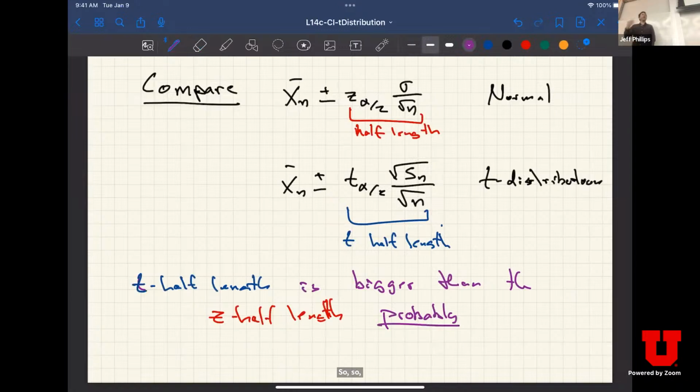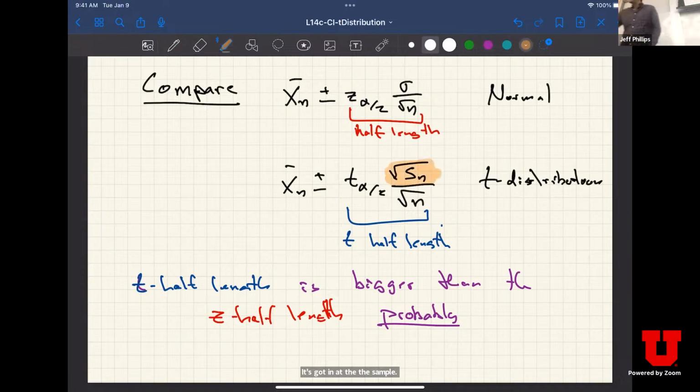It's not always bigger. It's usually going to be bigger. But the thing is, the t half length also has in it the sample estimate of the variance.